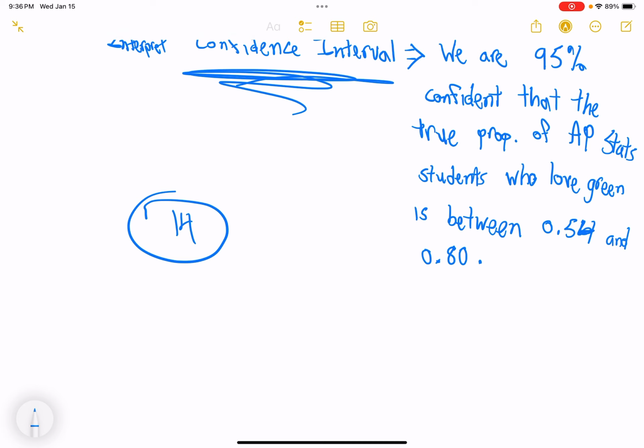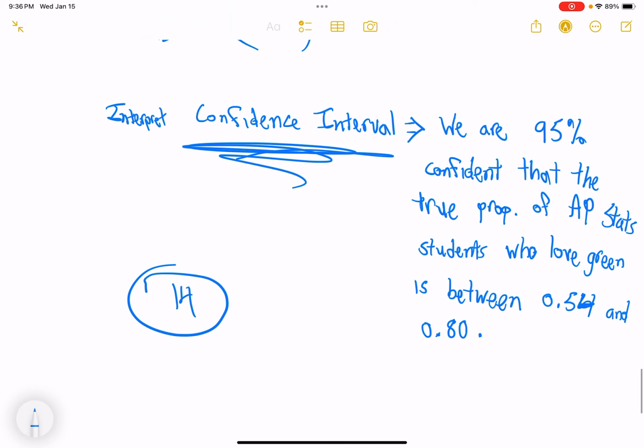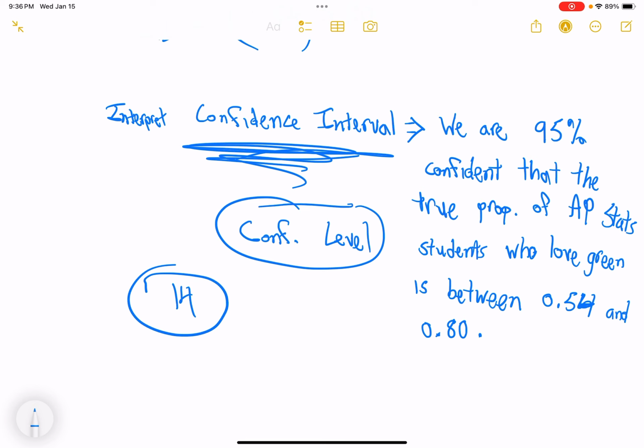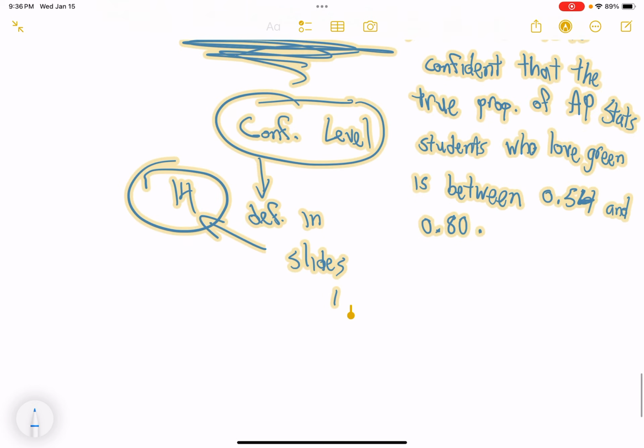So you should, from this video already, have an understanding of how to interpret confidence interval and confidence level. Definition was in the slides on slide 14. Super important. Okay, have that in your bucket.